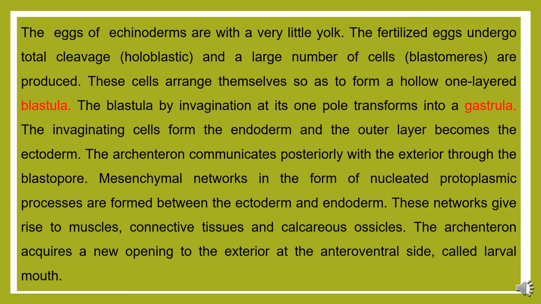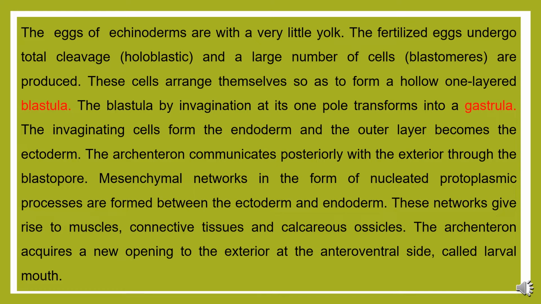The eggs of echinoderms have very little yolk. The fertilized eggs undergo total cleavage, holoblasty, and a large number of cells, blastomeres, are produced. These cells arrange themselves to form a hollow one-layered blastula.